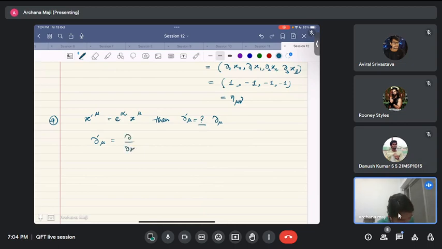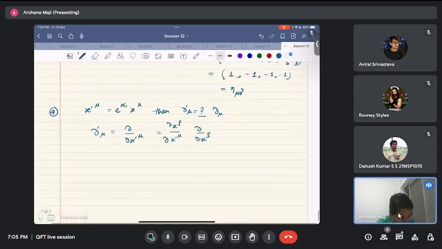This is del x prime mu, which is rho. Okay, and from here you can evaluate what this first matrix element is. So x rho is exponential minus alpha x prime rho.